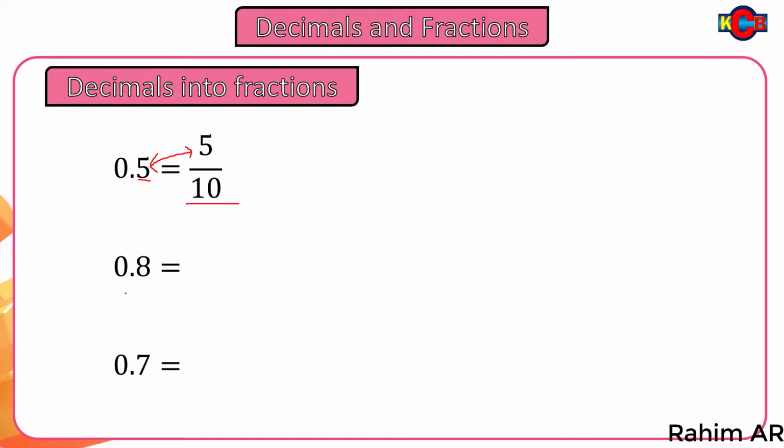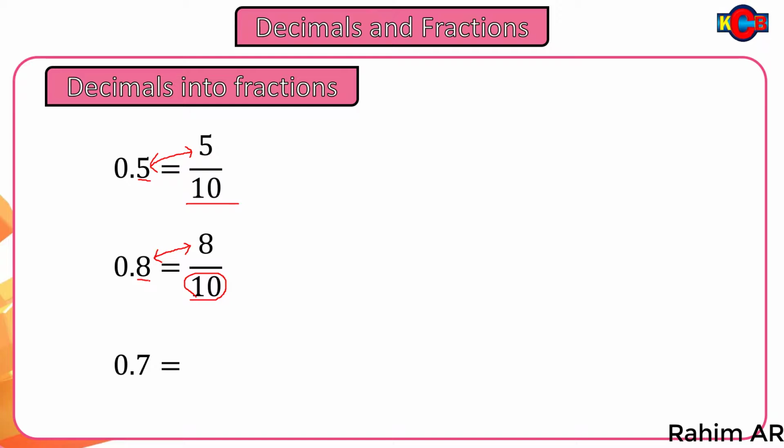Next here, we have 0 and 8 tenths. When we change this number into a fraction, we will get 8 tenths. You can see the numerator here is 8 and the denominator is tenths. Why?